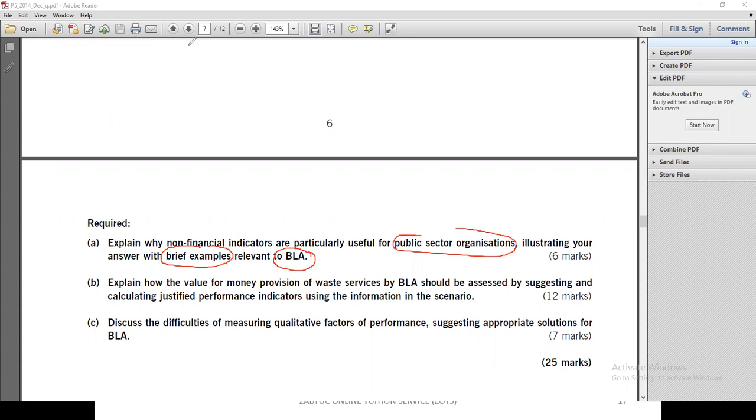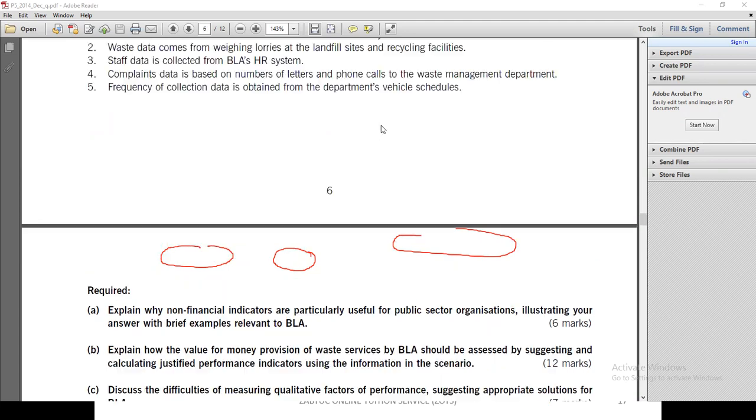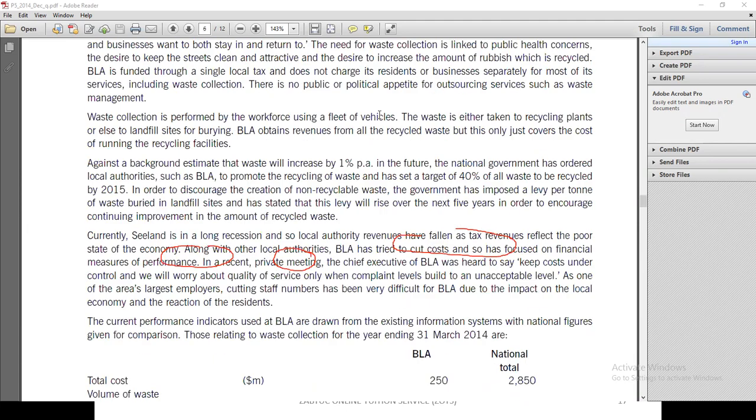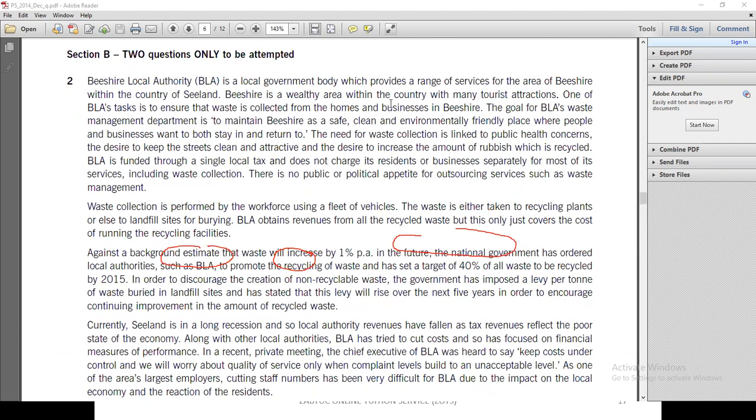Which statement is telling us that? Is there a statement showing that making a profit here is not a key goal?